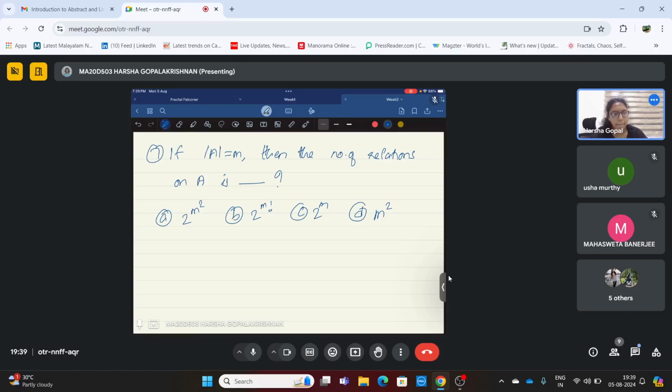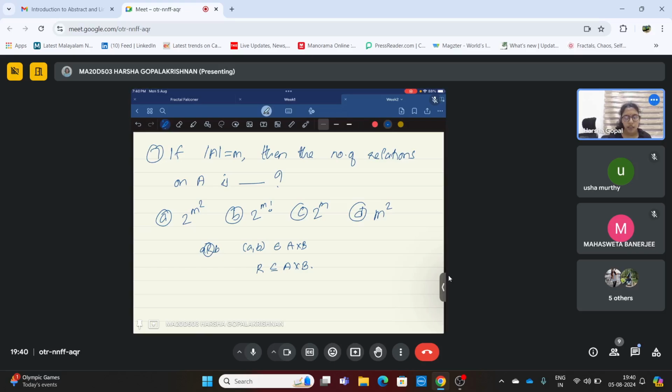Usually, what does a relation mean? A relation is a subset of A cross A, correct? Relation means A and B are related, so it belongs to A cross B. Any relation is a subset of A cross B.